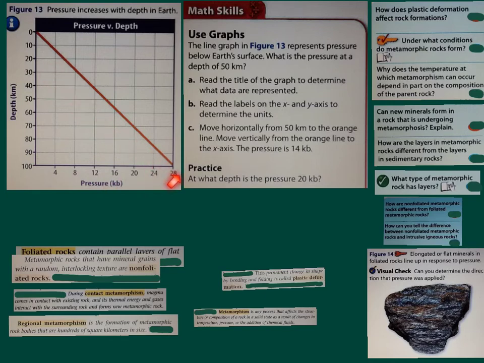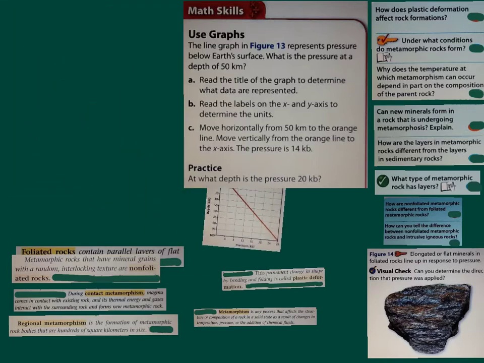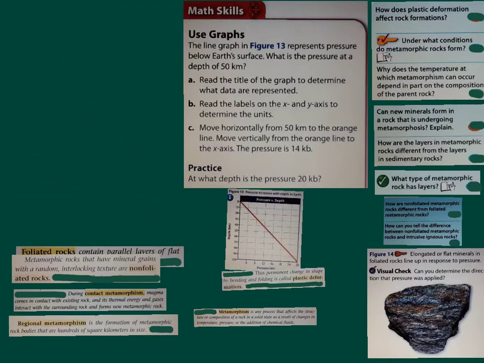Like sedimentary rocks, metamorphic rocks can form when material is subjected to increased temperature and pressure. However, to form a metamorphic rock, the temperature and pressure must be high enough to change the structure of the minerals without causing them to melt.